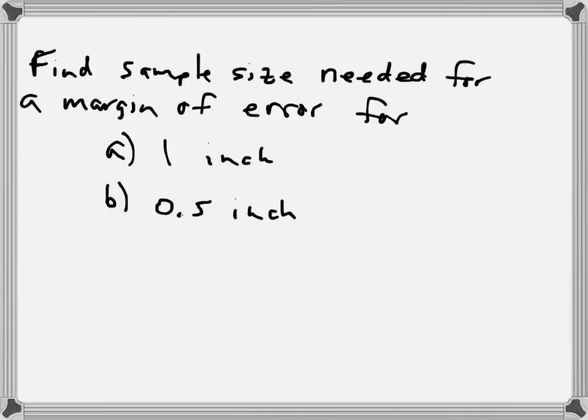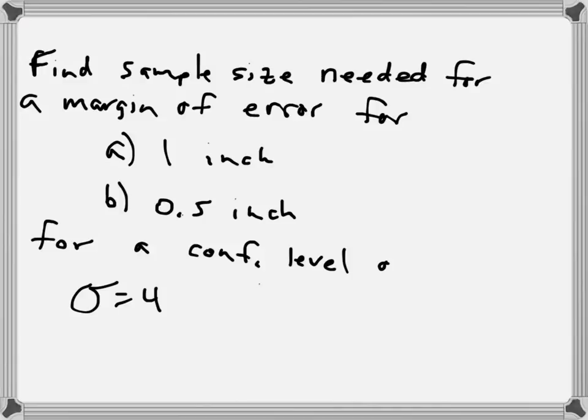Again, we're going to assume that the standard deviation of the population was 4, and we need a confidence level here, and let's just say a confidence level of 95%.